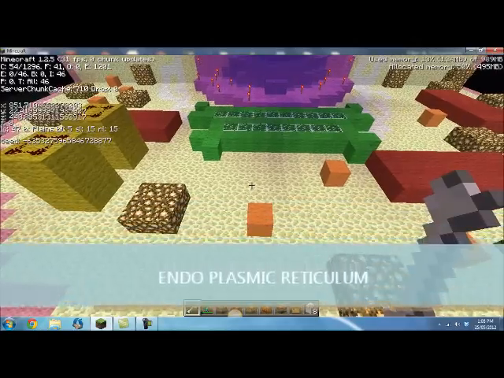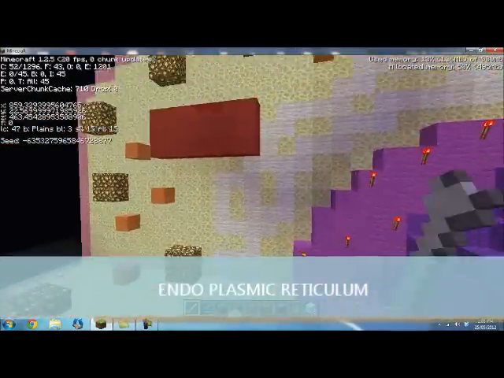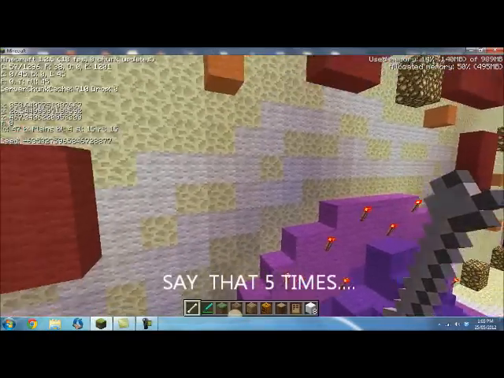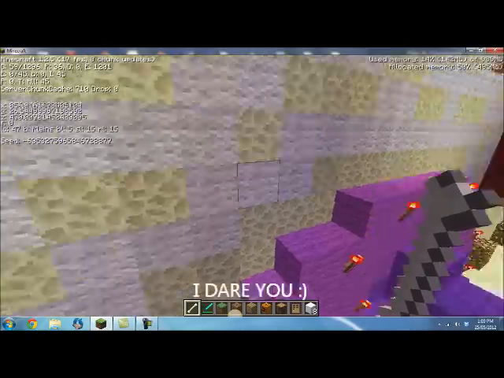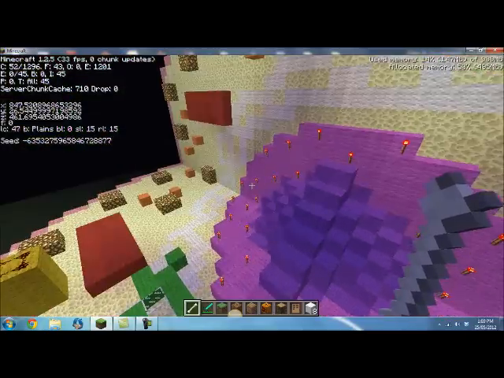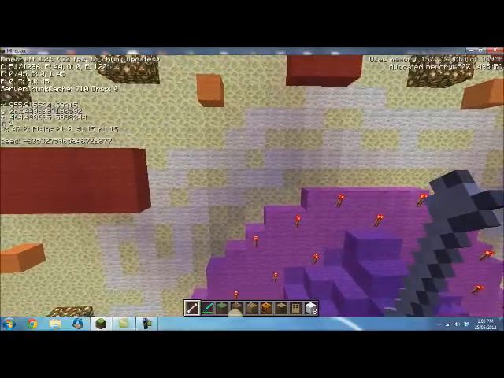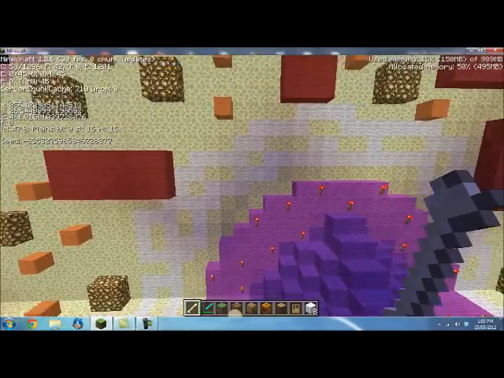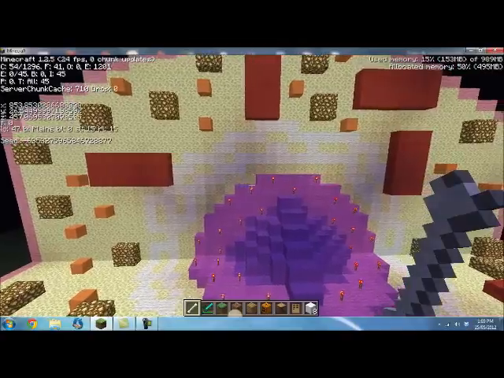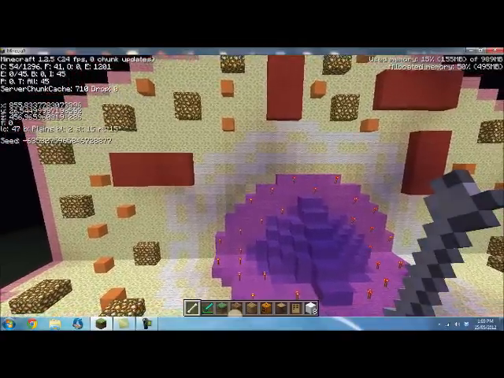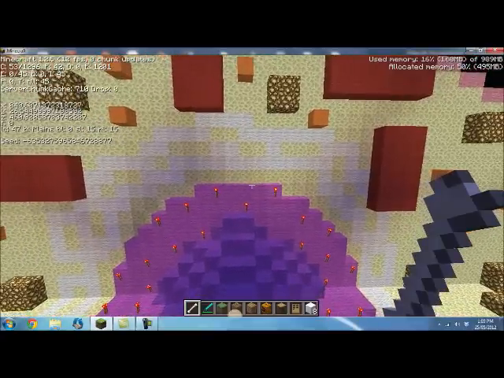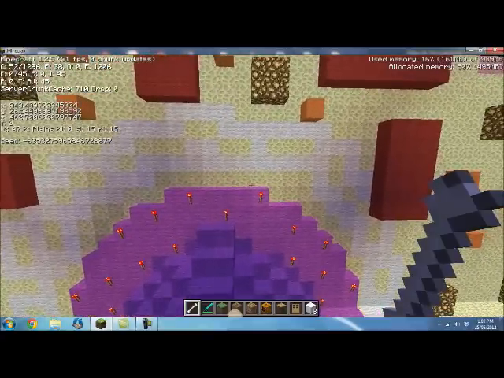Endoplasmic reticulum. Now, it's a bit hard to see here, but the endoplasmic reticulum is this white over here. Do you see it? This white that goes around the cell, around the nucleolus. It's like a series of folded membranes, and they normally surround the nucleus. These are responsible for making proteins and getting rid of toxins.